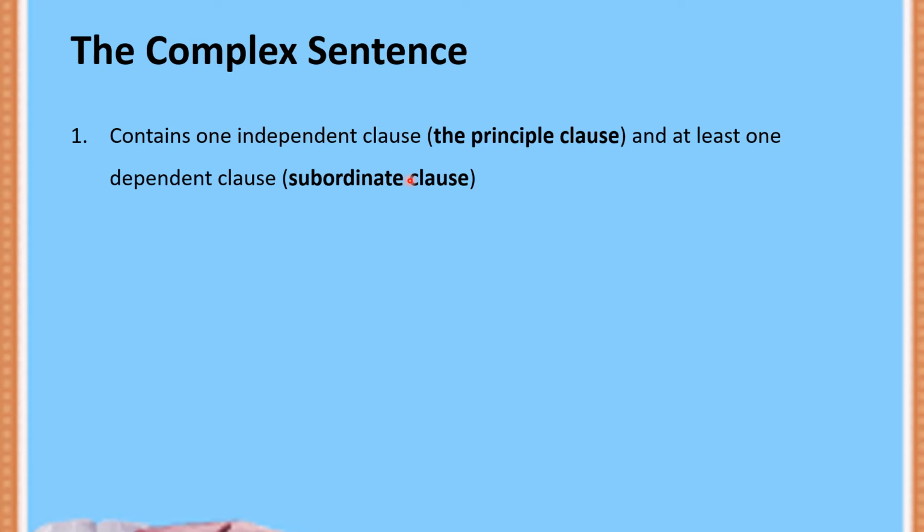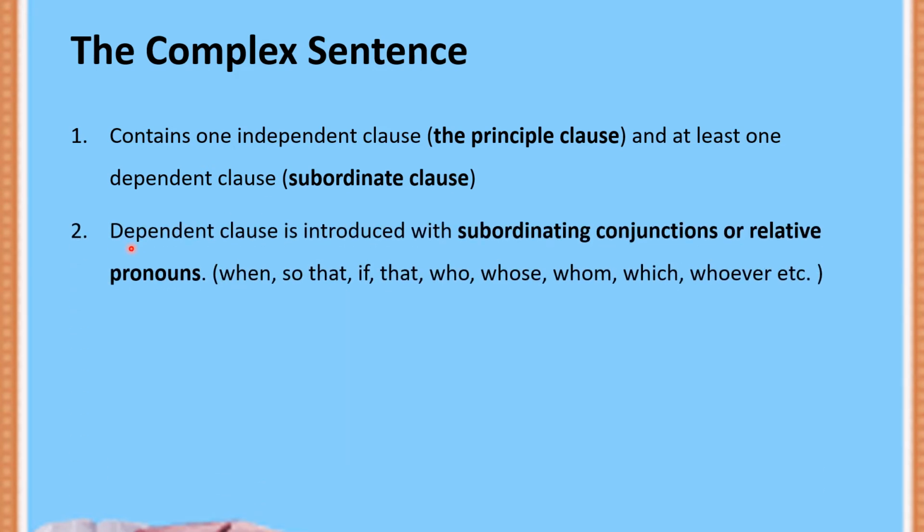A compound sentence has clauses which are independent, but a complex sentence should have at least one independent and one dependent clause. The independent clause in the complex sentence is known as the principal clause, while the dependent clause is called the subordinate clause. The dependent clause is introduced with a subordinating conjunction or relative pronouns.